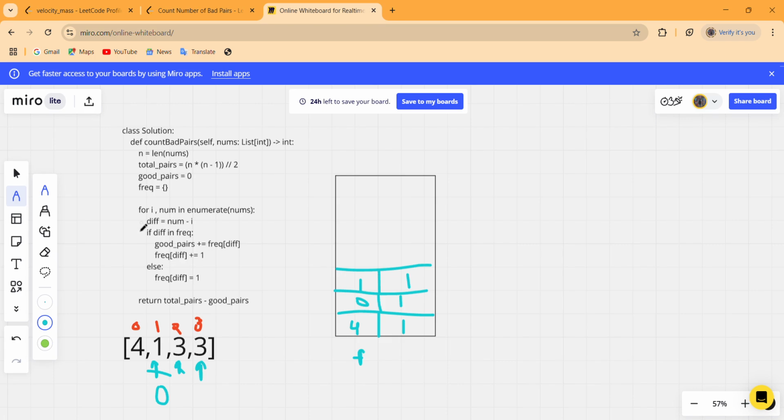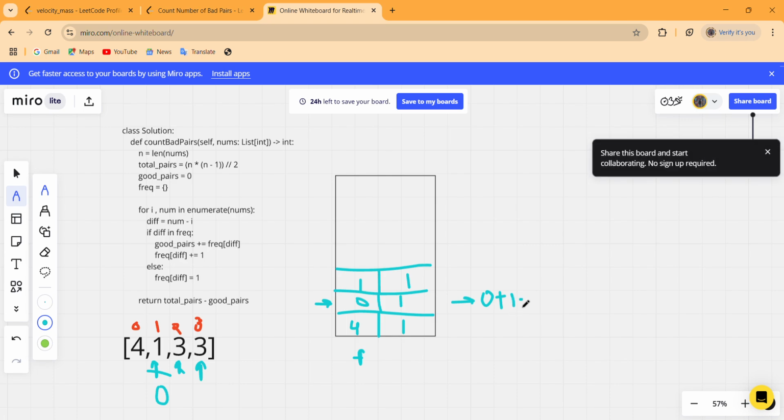So the difference this time is 0, and we check if the difference is in frequency. Yes, the frequency dictionary contains key 0, so good pairs will be good pairs plus frequency of difference. That means the previous value of good pairs is 0, plus the frequency of difference, that is 1. This means good pairs are now 1.